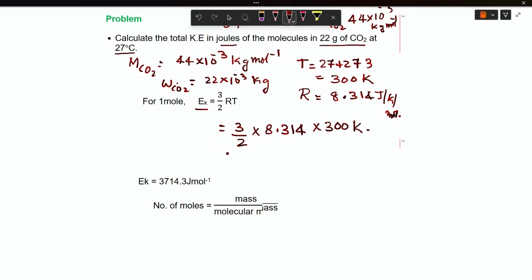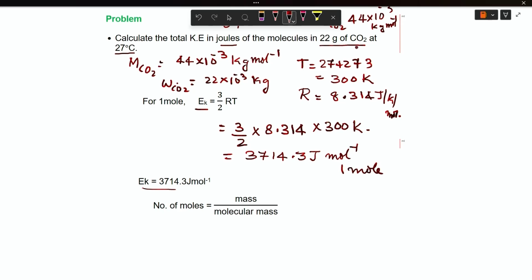On solving, you will get the answer as 3714.3 joules per mole. So, that is E k.